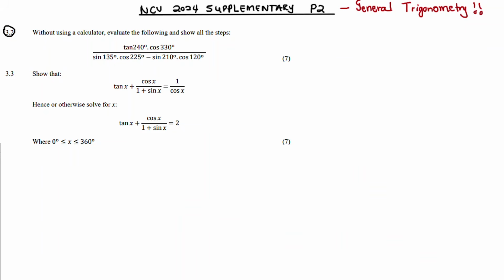Now let's jump to the second part, 3.3, where we have a question on identities. This is a question on identities, where we have to prove that the left hand side is the same as the right hand side. So here they want us to show that this is equal to this.